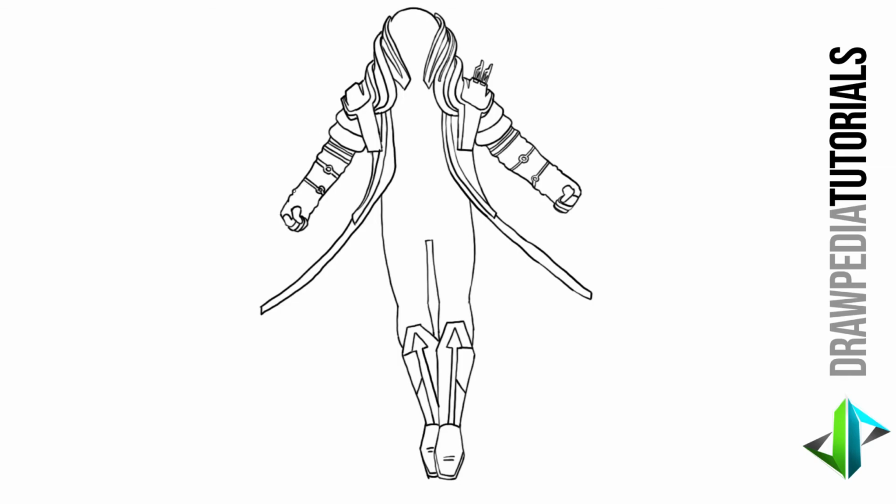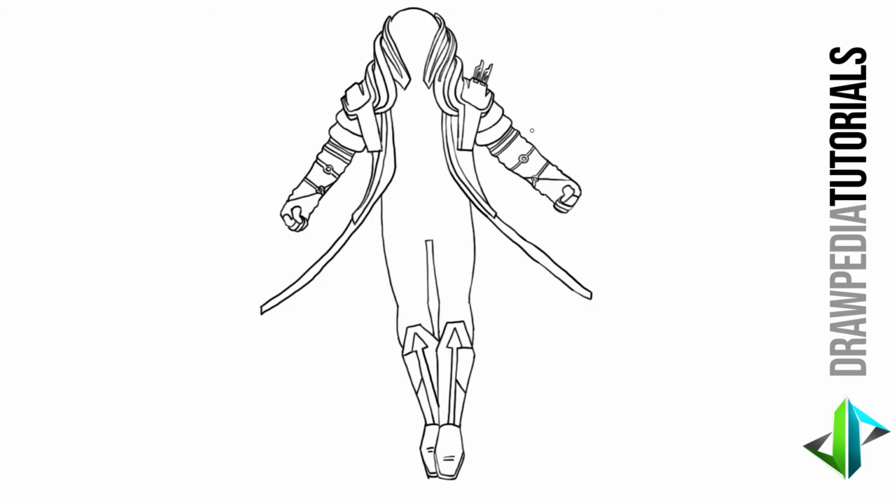At the arm, I'm gonna add a diagonal curved line across from the front part right here, diagonally to the inner line right there. We're gonna do the same thing for the right arm right here.